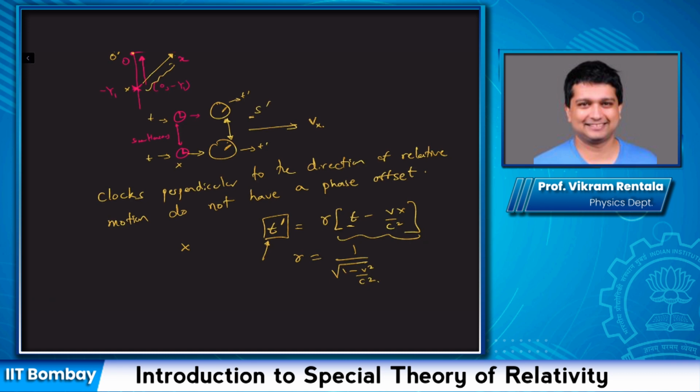Okay, and the events of the rods passing each other are simultaneous as measured by both the ground observer as well as the train observer.